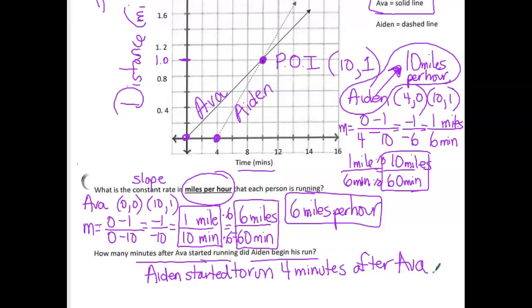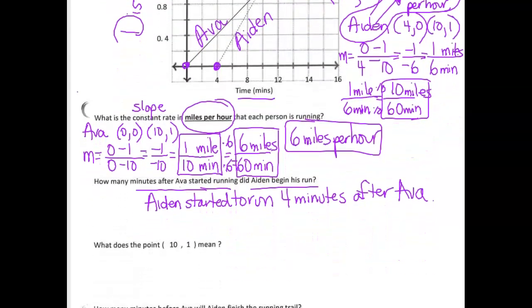So make sure you can look at your graph and interpret what it means if they ask you questions. What does the (10, 1) mean? We'll touch base on that up above.